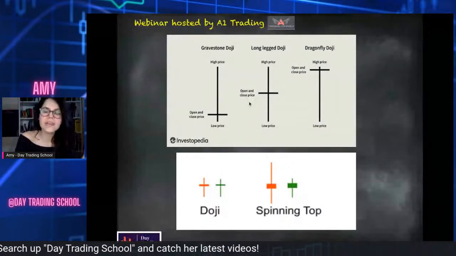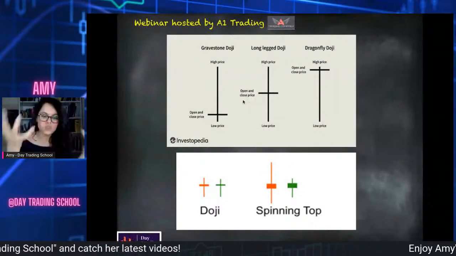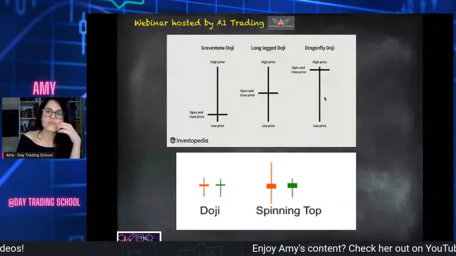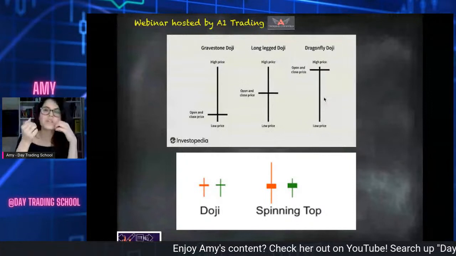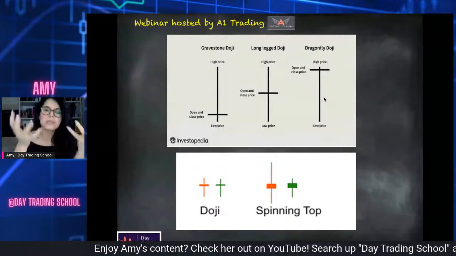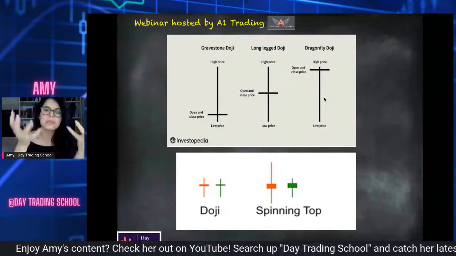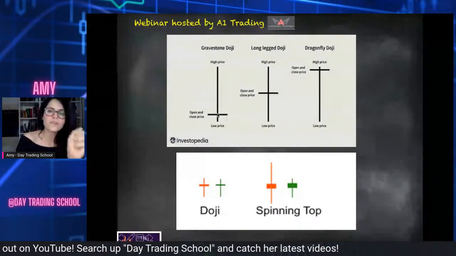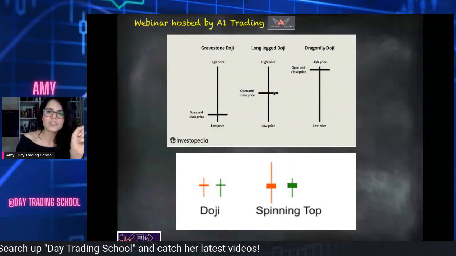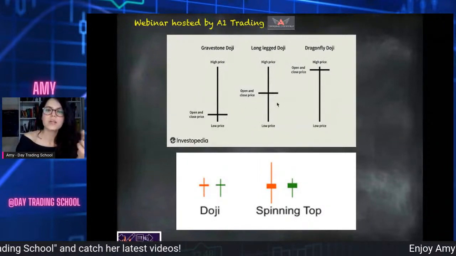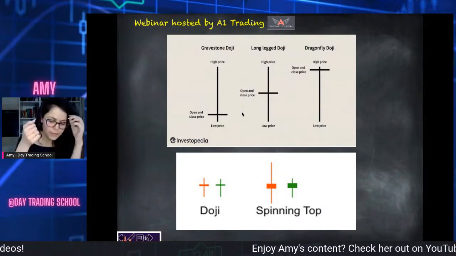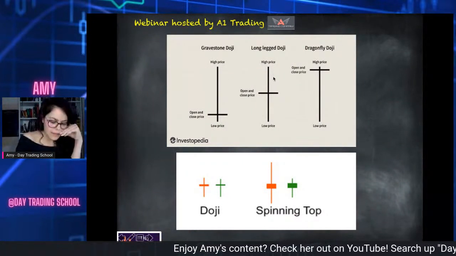You could say that it's some sort of a question mark. On the other hand, gravestone doji and dragonfly doji are actually reliable. It depends on the overall context, in the sense of where exactly did it appear. And the cool thing is, in combination, they can mean actually a lot. They can be great entry points.